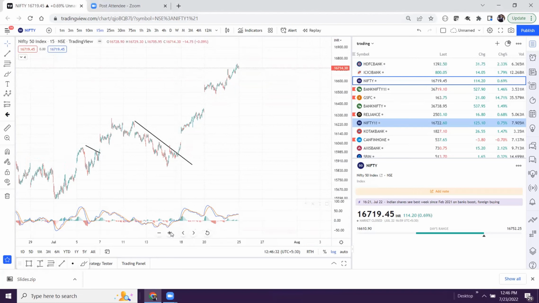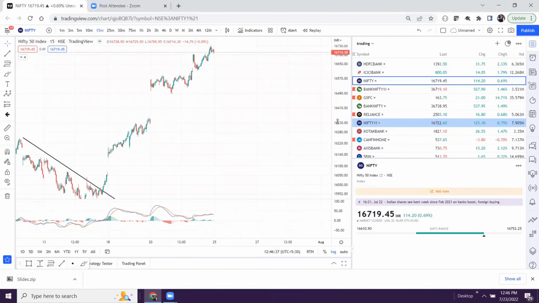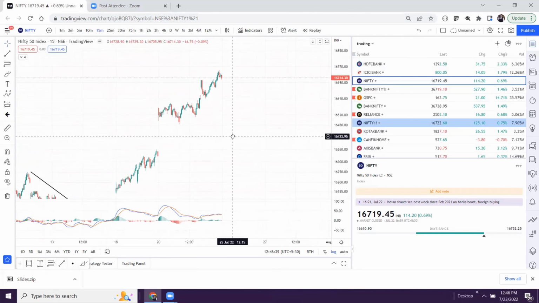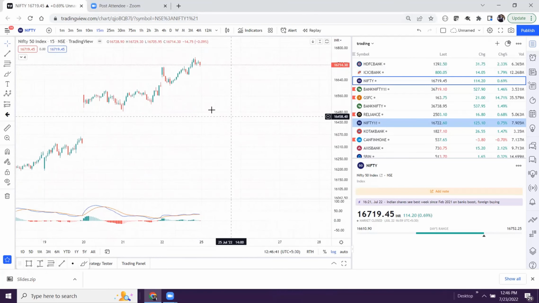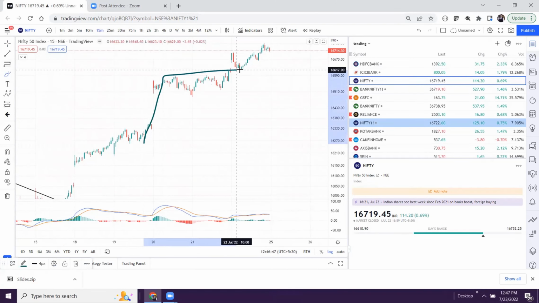So on a 5-minute, if you want to see where the selling opportunity is, now see, this is one wave, this is a correction, this can be one wave.